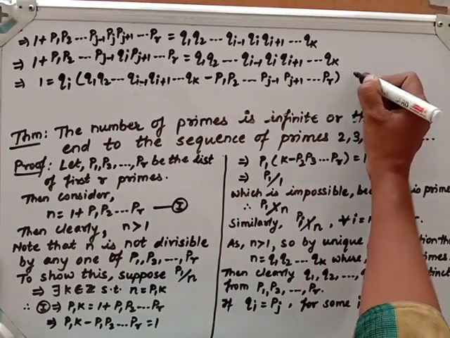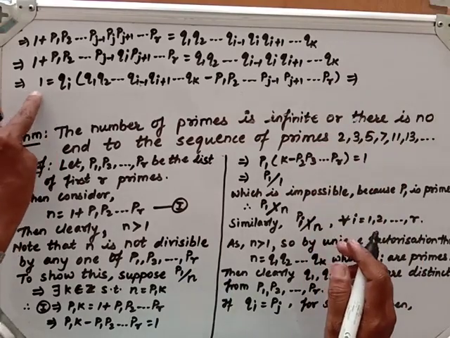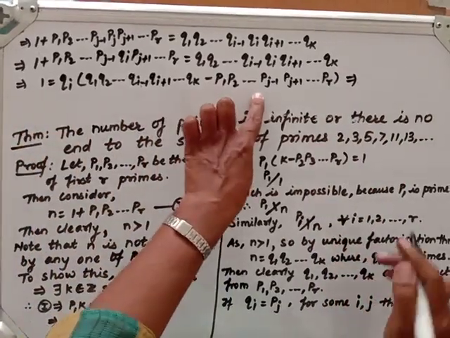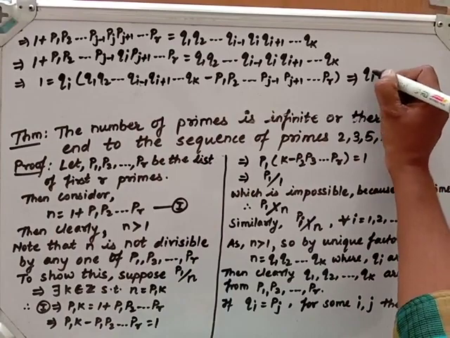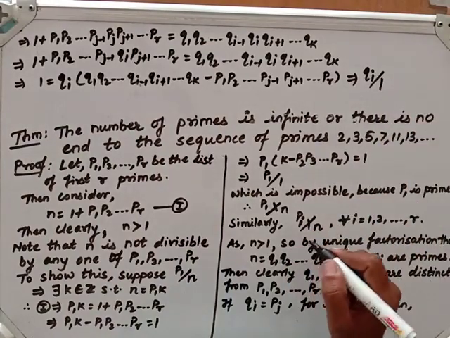So, what does this say? We have written 1 equal to qi times something. So that gives qi divides 1.